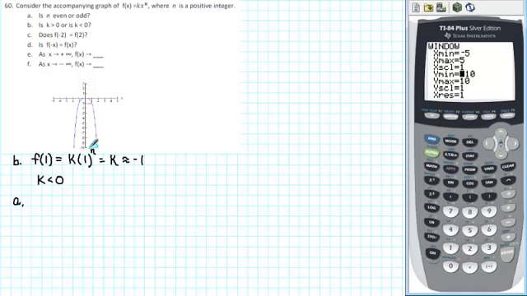Along the y-axis our values range from negative 10 to 3 with a scale of 1. So our y minimum is negative 10, our y maximum is 3, and our y scale is 1. Next we hit graph.